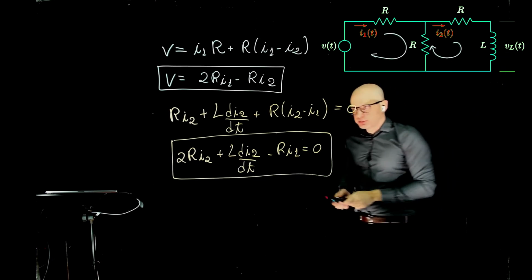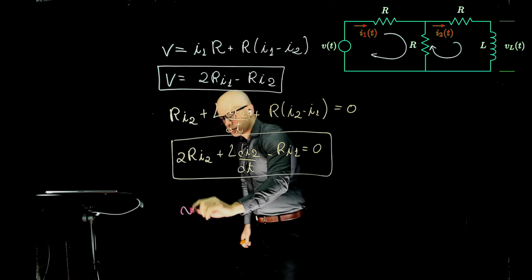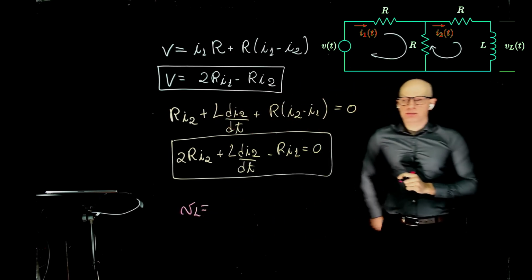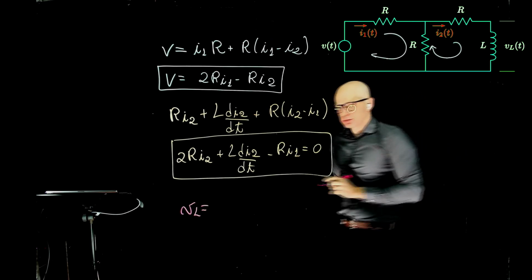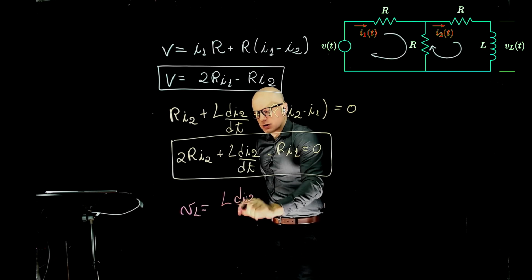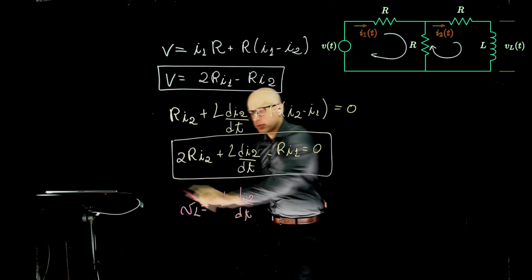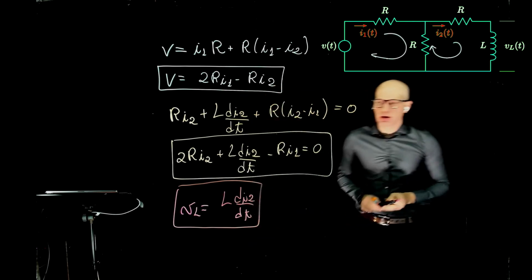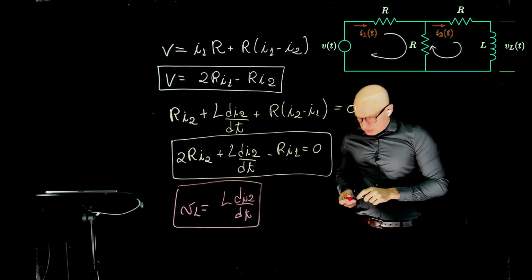What is VL? Just L di2 over dt. Excellent. I should have come up with something a bit harder. But this is enough for the purpose of this course.